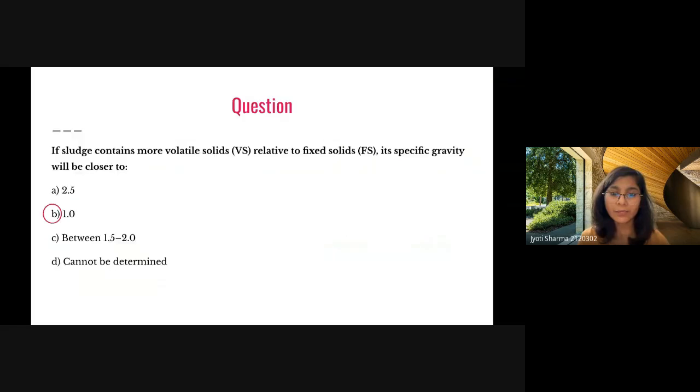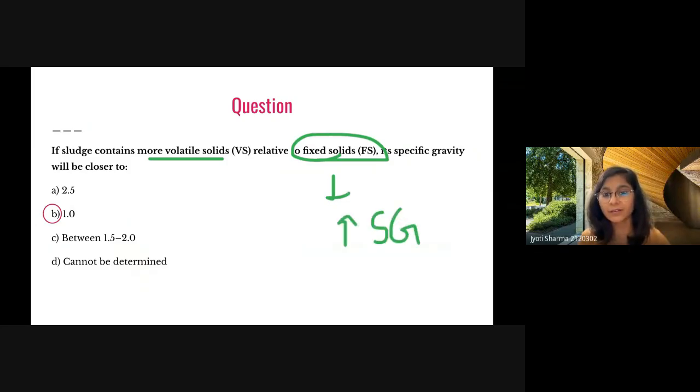So let me go back to the question again. We have more volatile solid as compared to fixed. Fixed may increase your specific gravity, but if you have more volatile, then it will be near 1.